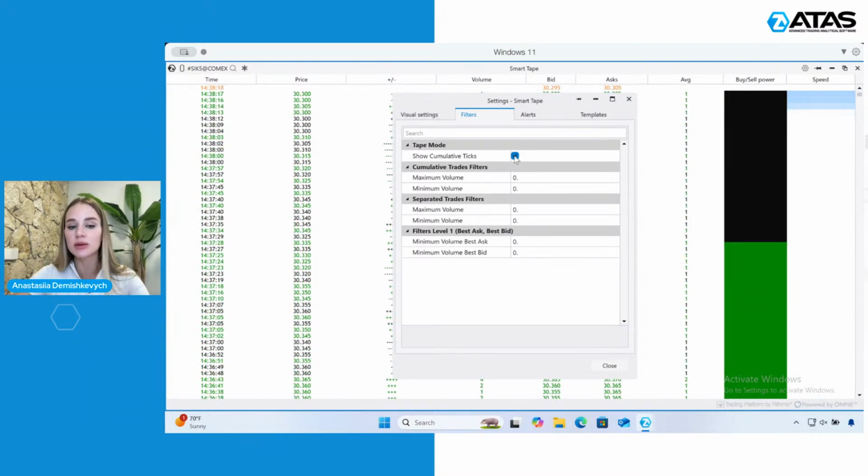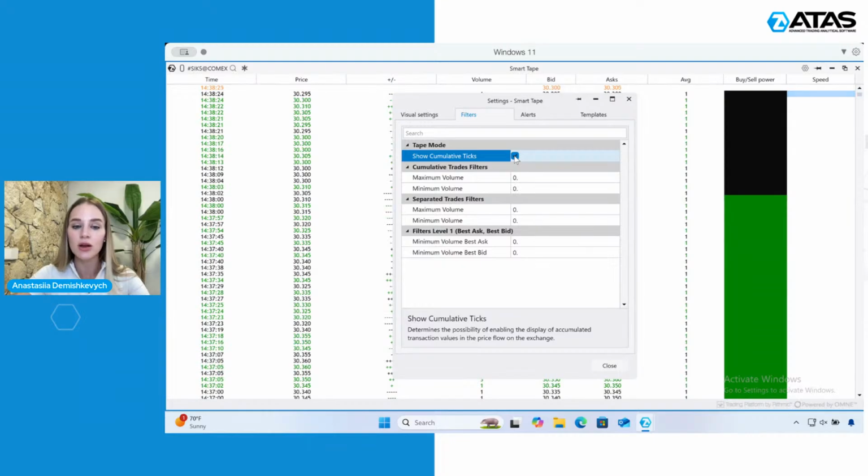And here is what smart tape is especially useful for. First, it groups, like you see in front of you right now, the trades by price level when they occur within a small time window. So for example, if one large market participant sends a buy market order that gets matched with many different sell limit orders, the standard tape would display dozens of separate rows in front of you, making it very hard to analyze such a big volume of data.